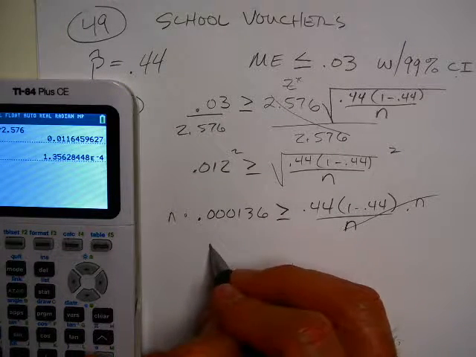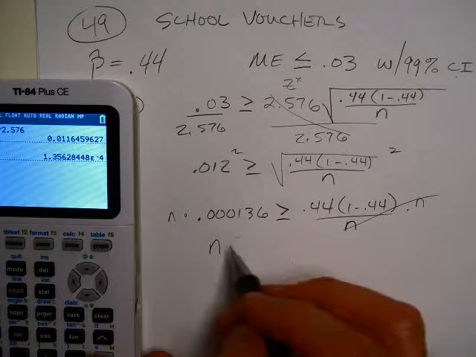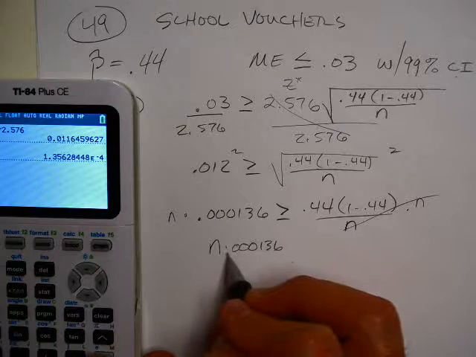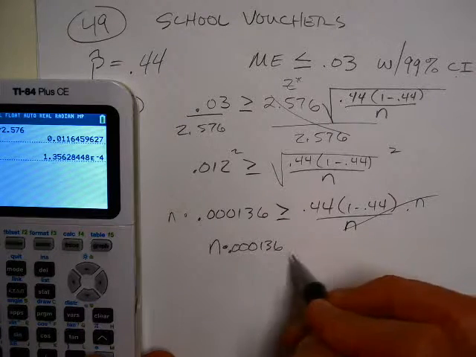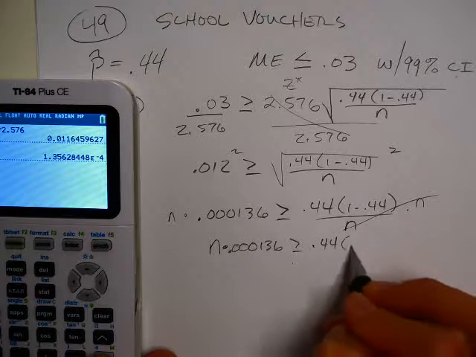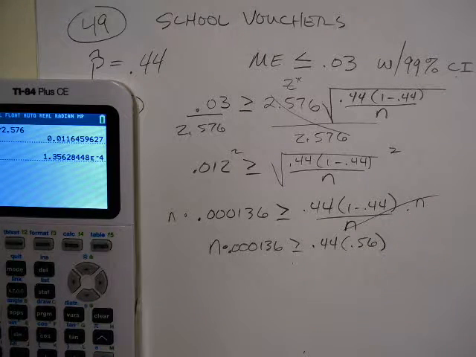So this is going to be n times this thing. And then the last step is going to be to divide, right? Divide both sides by that mess.